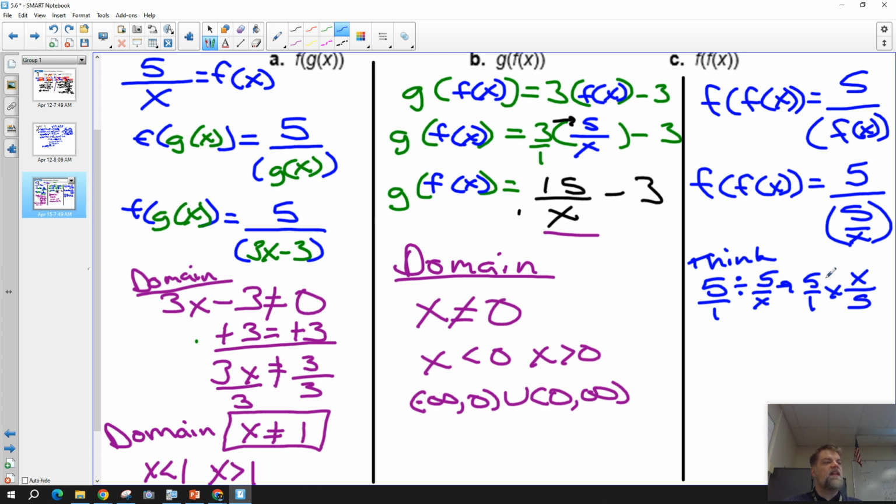When you multiply that out, you get 5x over 5. The 5's cancel. 5 divided by 5 is 1, so you're just left with f of f of x just equals x. Isn't that weird?